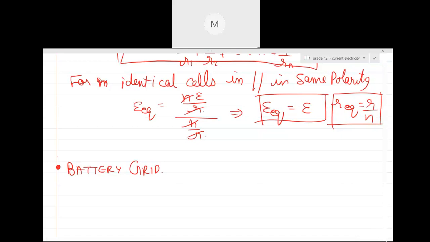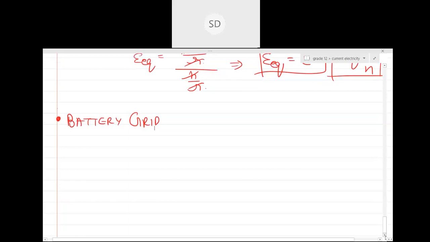So when we talk about battery grid, what exactly is the battery grid? Does anyone know?